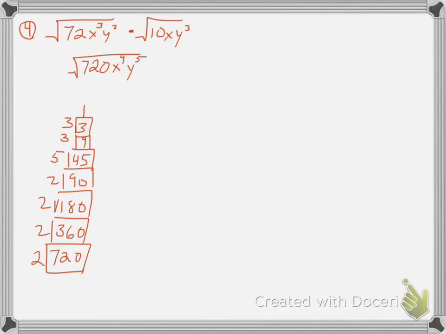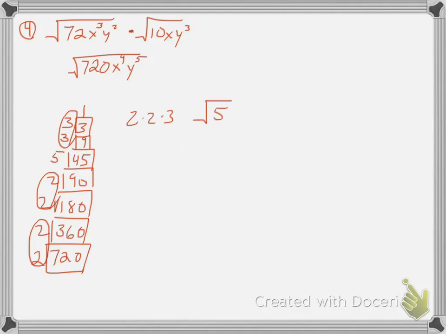So because it's a square root, I'm looking for pairs only. So I have a pair of 2s, another pair of 2s, and a pair of 3s. So what that means is what's going to come out is 2 times 2 times 3.